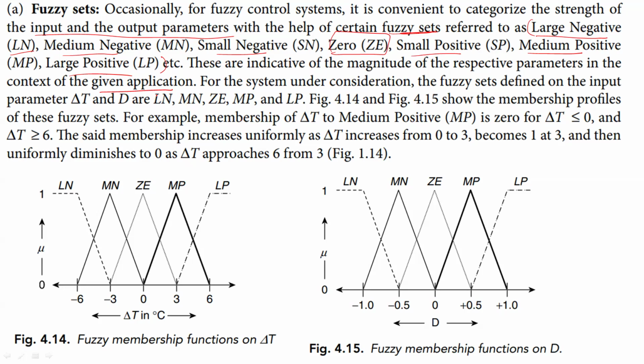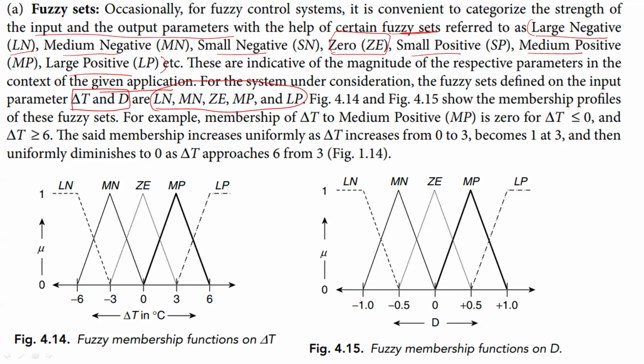If you are given another example, these terms may not match. Depending on the controller you want to design, you have to find out terms like this. For this system, we can use these terms for both delta T as well as D, where D is the dial position. So all five of them are applicable for both the input and output.